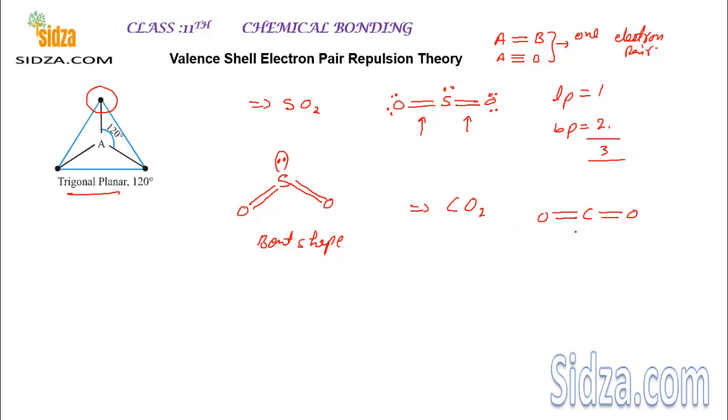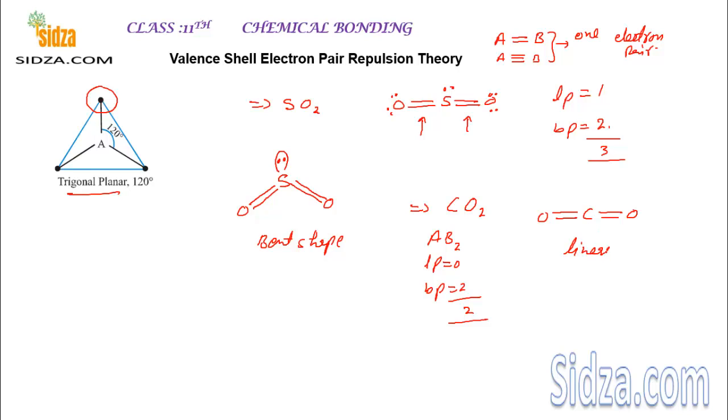When you count the number of electron pairs around it, we have only two bond pairs around the carbon. We don't have any lone pair. So this carbon dioxide molecule resembles an AB2 type of molecule with lone pairs 0 and bond pairs 2. Correct? When you add the lone pair plus bond pair, it is 2 only, so the molecule will be linear.